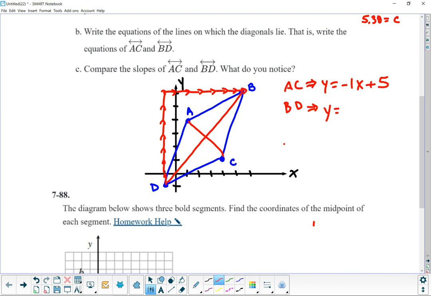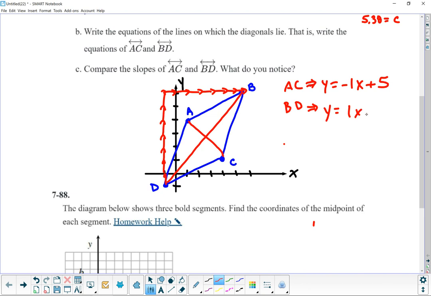Remember, I'm a little off. So it's actually up 7 and over 7. So it's actually 7 over 7x. And 7 divided by 7, if you do the math, is 1.